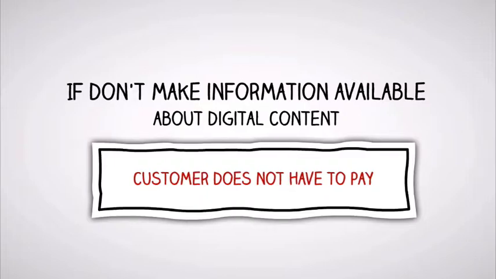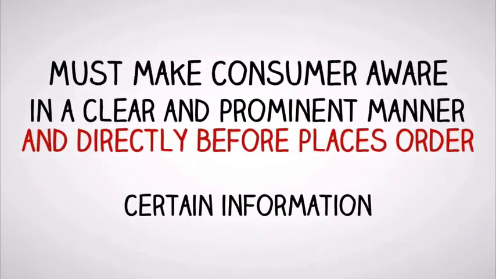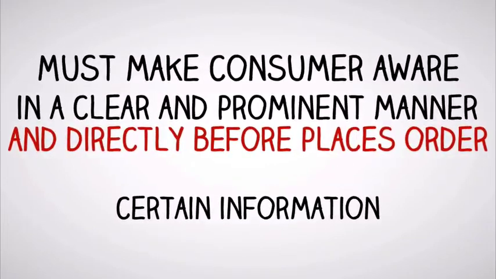Now, the second level of information that you need to provide is that you must make the consumer aware in a clear and prominent manner and directly before the customer places the order of certain information. So this is a higher level than the last level of information that we were talking about, where that information could be provided in the terms of business.